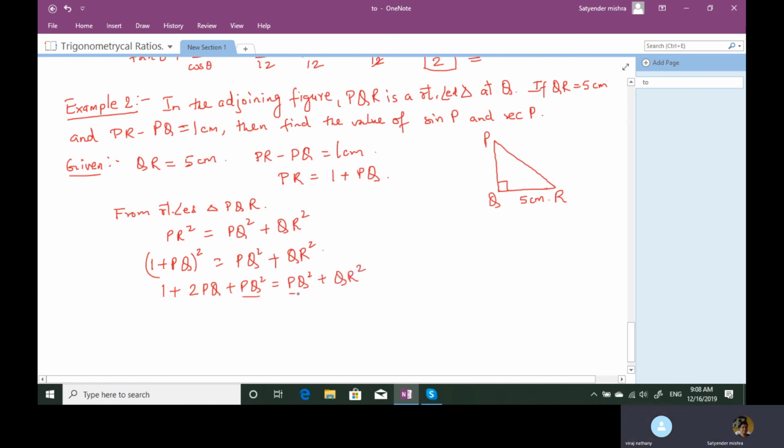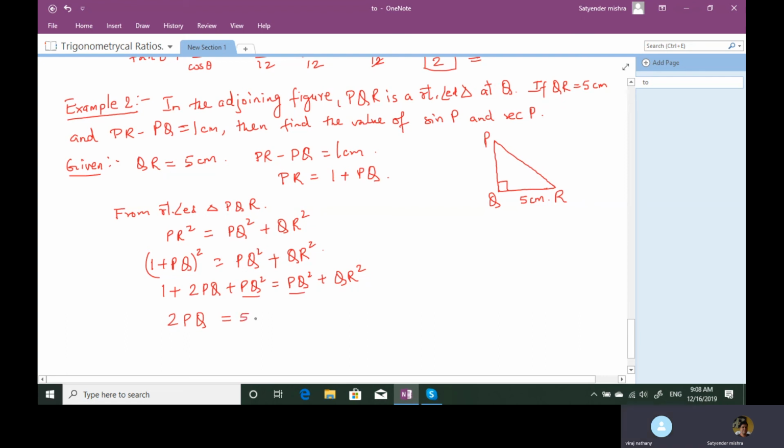PQ square gets cancelled, right? So we get 2 PQ equal to QR is 5 centimeter.